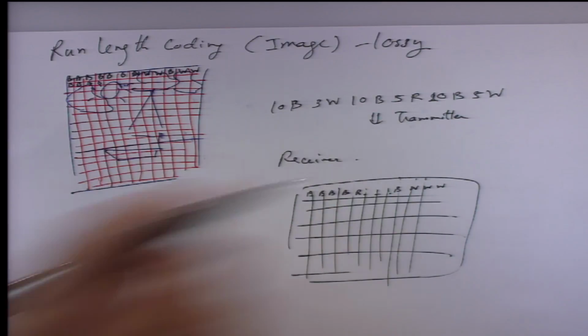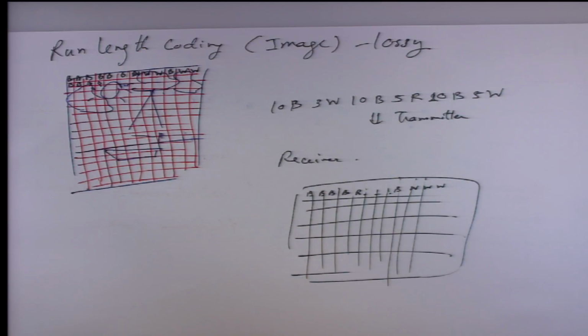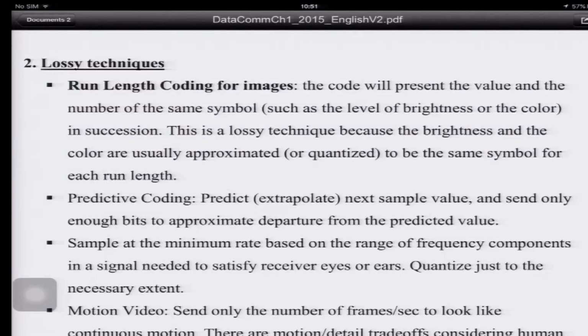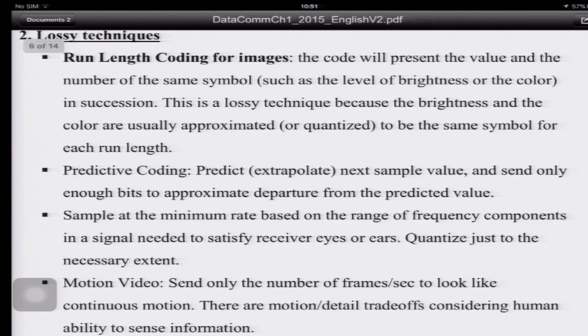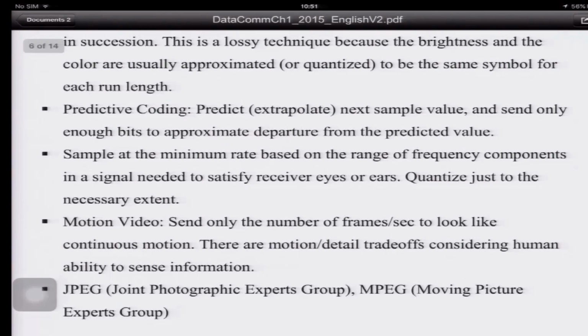But this is how you compress the data and transmit it in the digital communication system. If it's a black and white picture, you can use the brightness of the color, but if it's a color picture, then you also have to send the color.